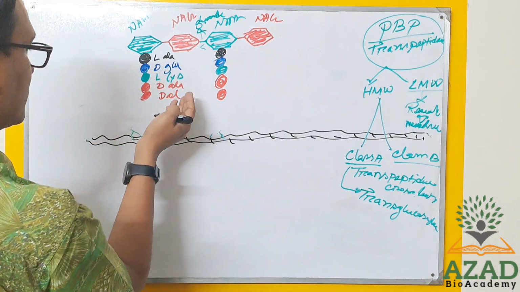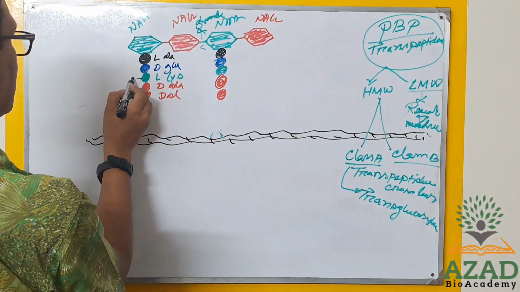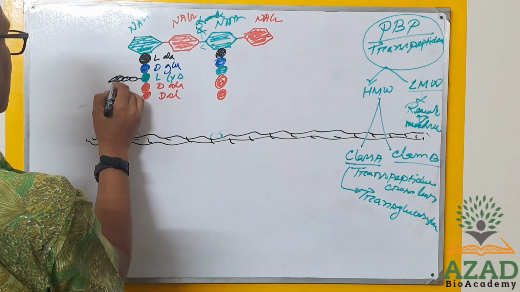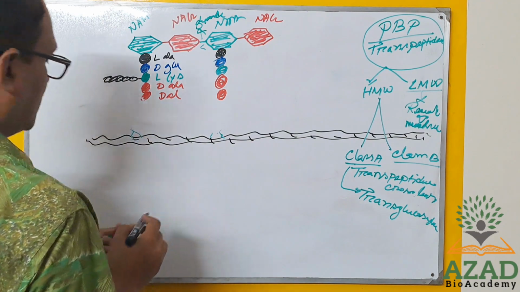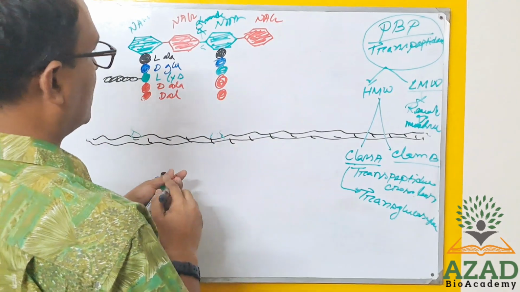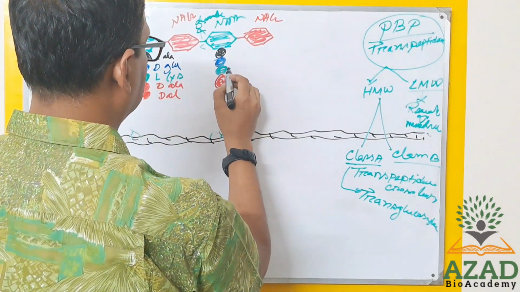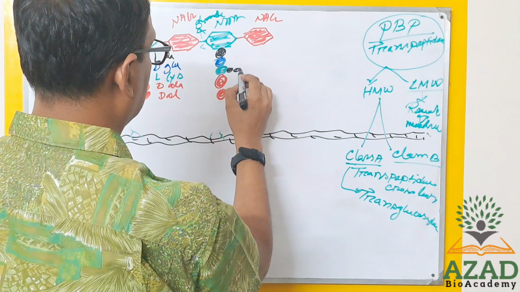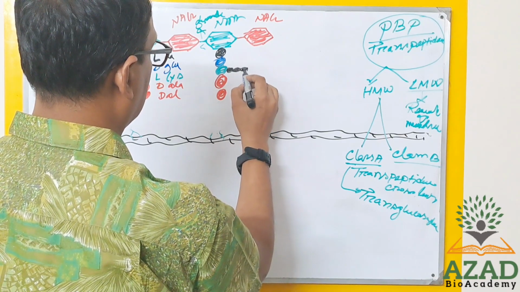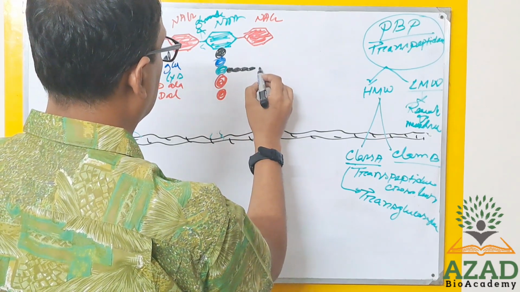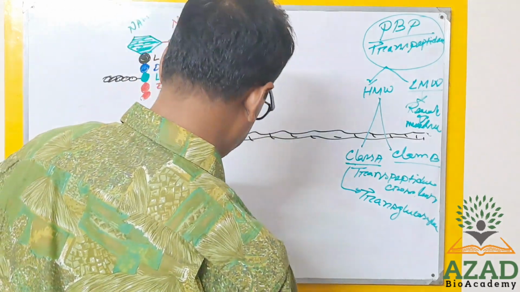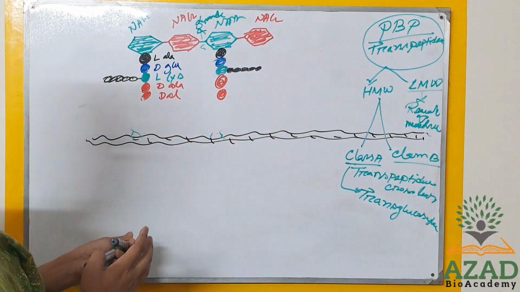So for your easy understanding, I'm drawing it here. That is the pentaglycine. Okay. So here it will also carry the pentaglycine. So now what will happen?